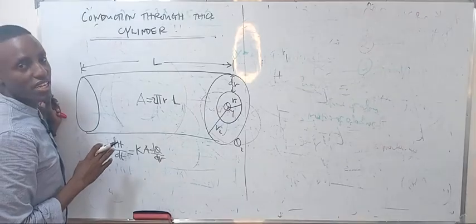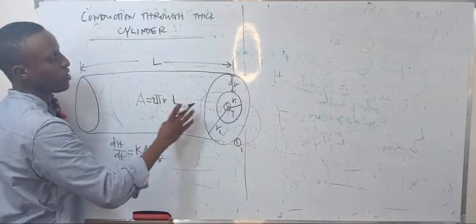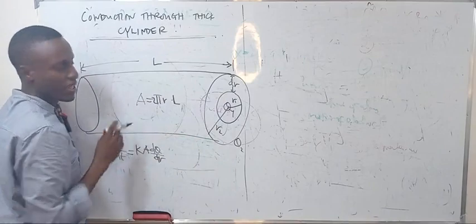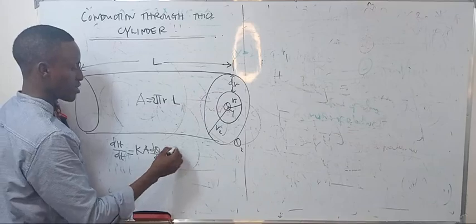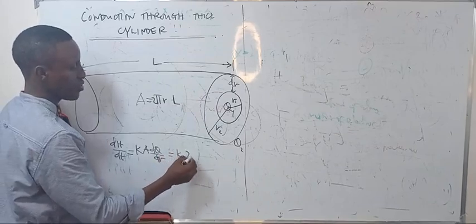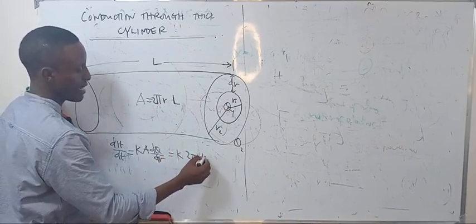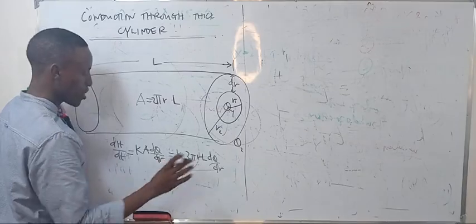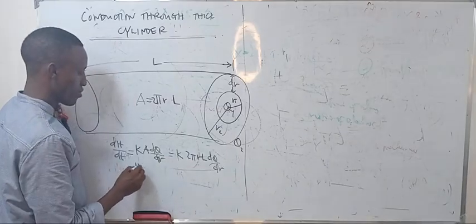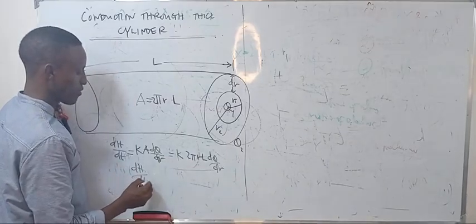So if I put it here, it is K times 2 pi r L times d theta over dr.